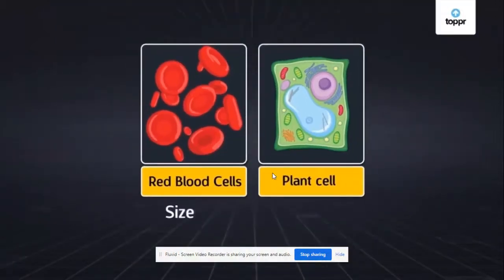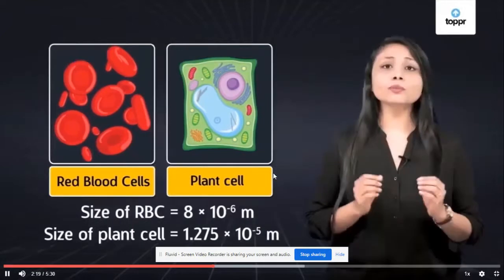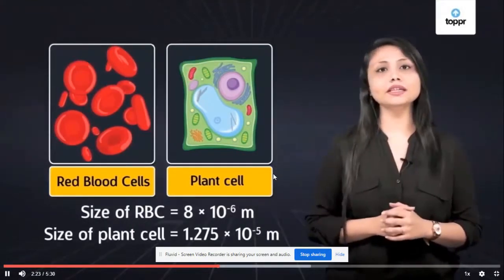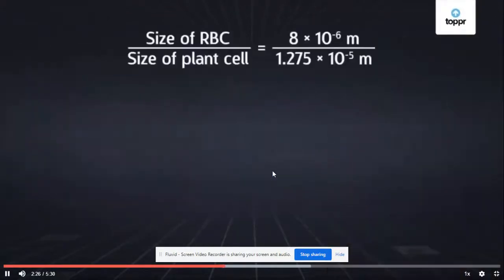Given the size of the RBC is 8 times 10 to the power of minus 6 and the size of a plant cell is 1.275 times 10 to the power of minus 5. From here it is obvious that a plant cell is bigger than the RBC, but to find out how many times, we have to take the ratio of these measurements.